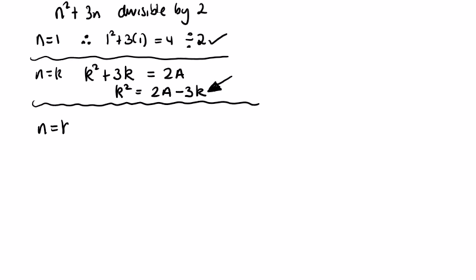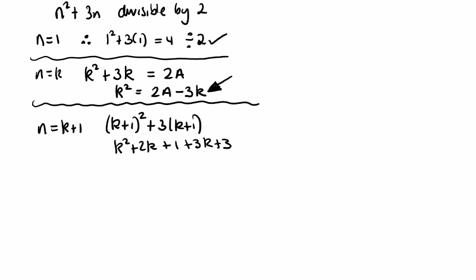So when n is equal to k plus 1, I'm going to get (k plus 1) squared. So you can see I'm going to have a k squared in here, which you probably could identify at the beginning, plus 3 times (k plus 1). It's going to give me k squared plus 2k plus 1 plus 3k plus 3, which is k squared plus 5k plus 4.